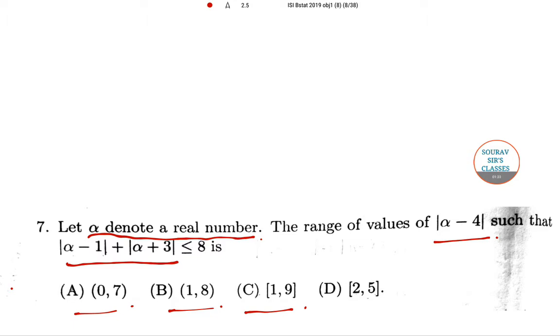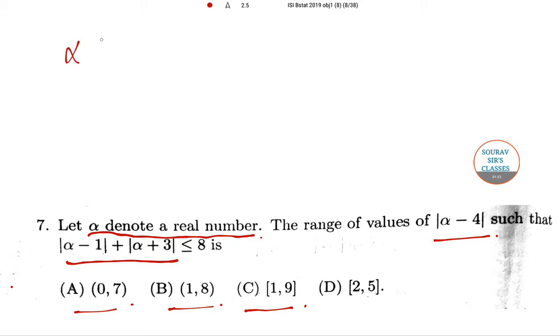Now let our alpha be less than minus 3. So we have alpha minus 1 less than minus.